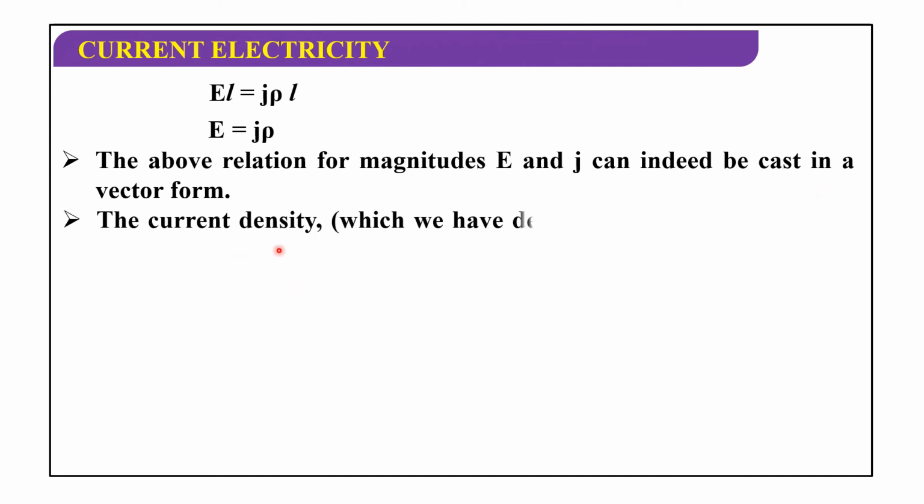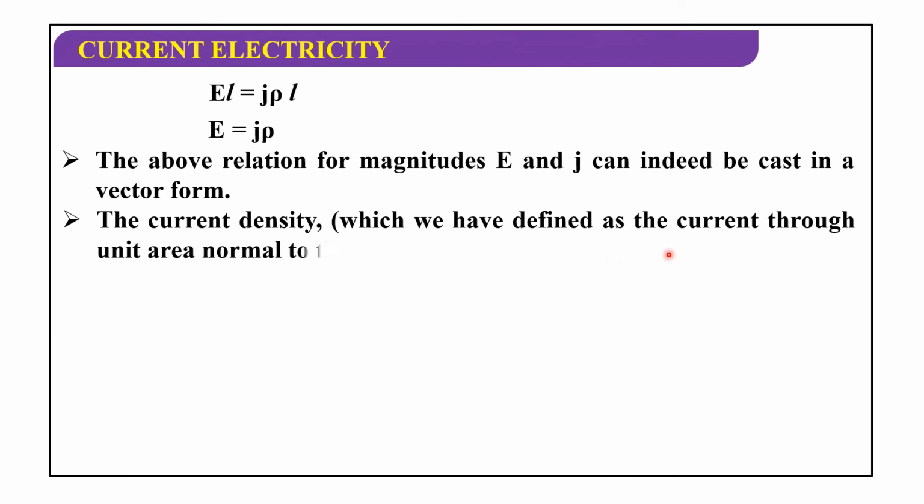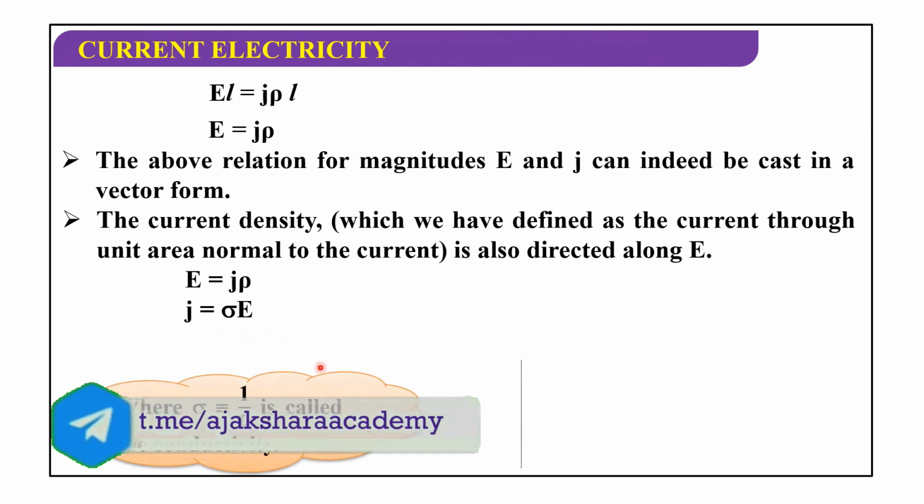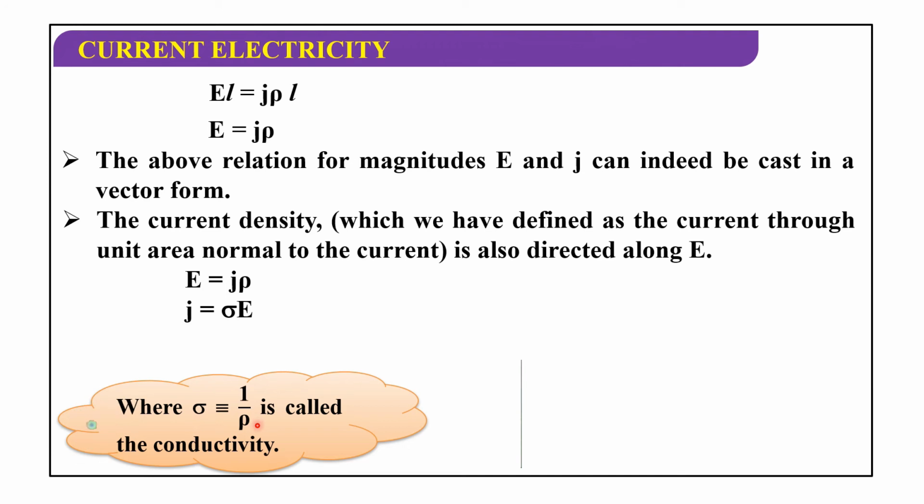The current density, which we have defined as the current through unit area normal to the current, is also directed along E. So J is written as sigma E, where sigma is equal to 1 by rho and is called the conductivity.